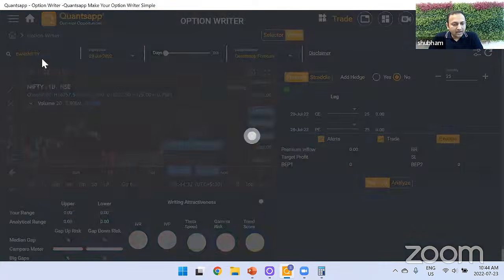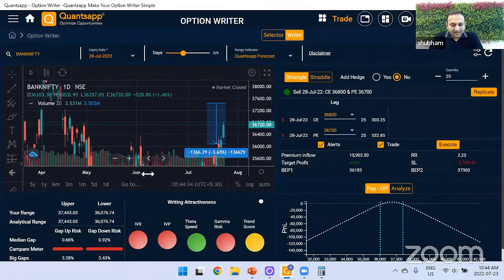So if I want to write for Banknifty, we can just choose Banknifty, and we can see that this is the forecasting. This is the range on Banknifty that the algorithm is recommending. If I want to sell for Monday intraday, the upper range is 37,443 and the lower range is 36,076.